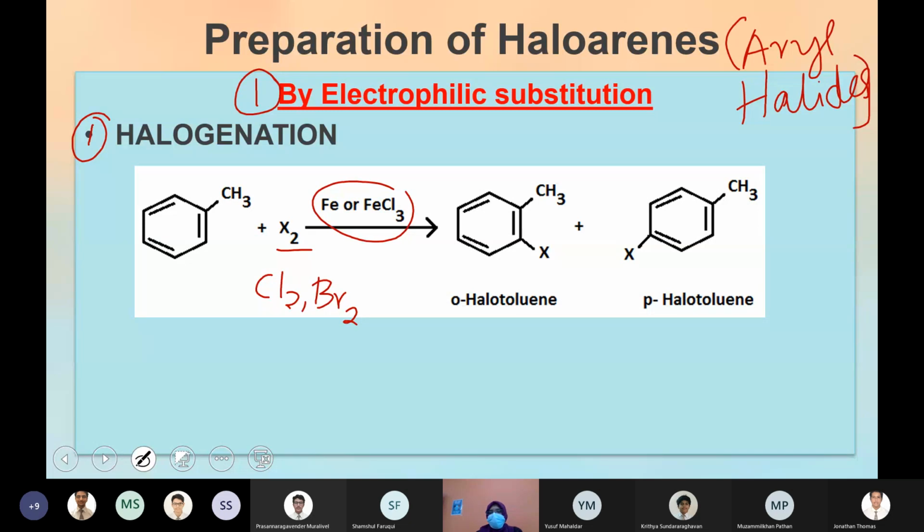So based on the substituent already present in the compound, you are getting different products, ortho and para. Why here you are getting ortho and para product, not a meta product? Last year we discussed why we are getting ortho and para product here. Why not a meta product?